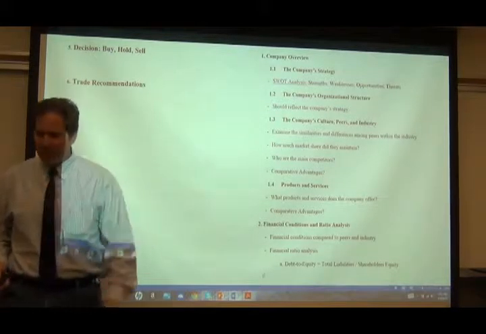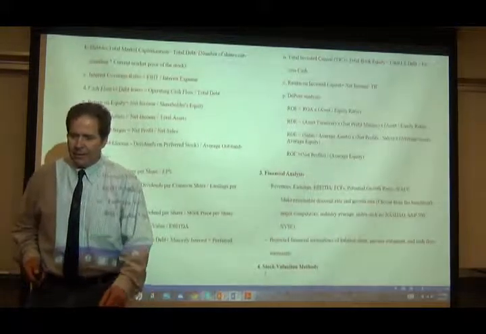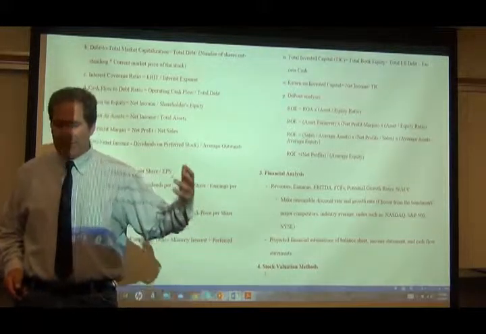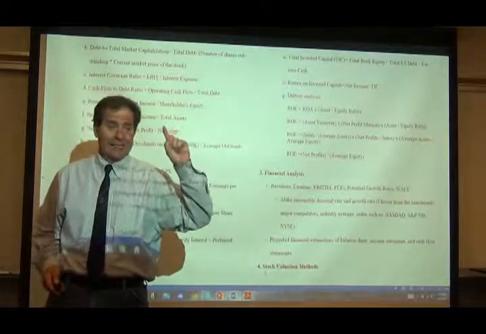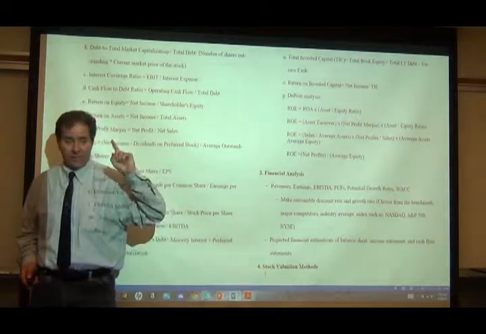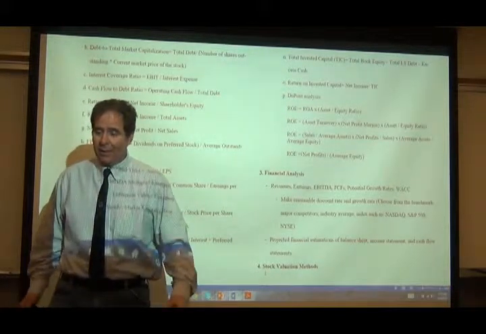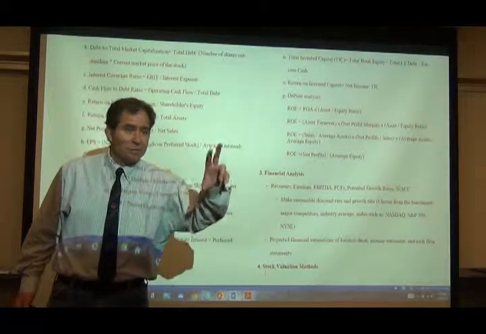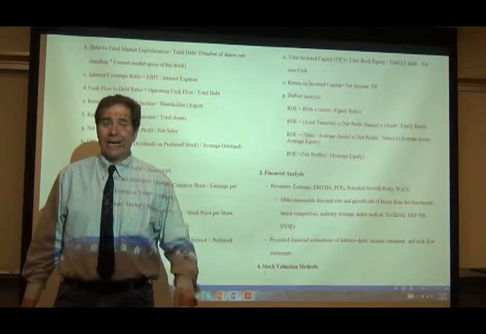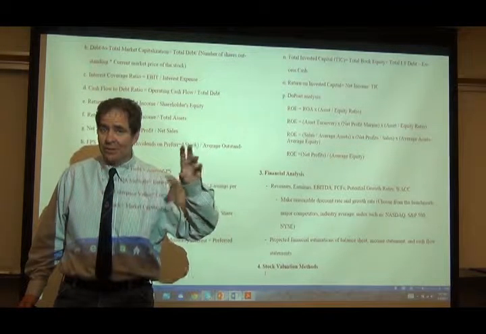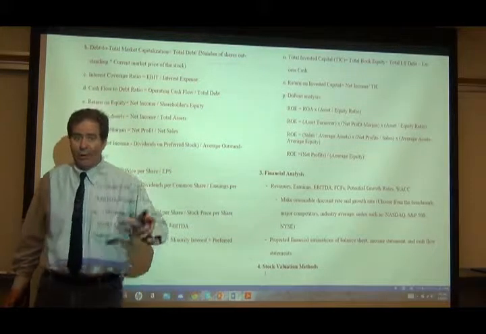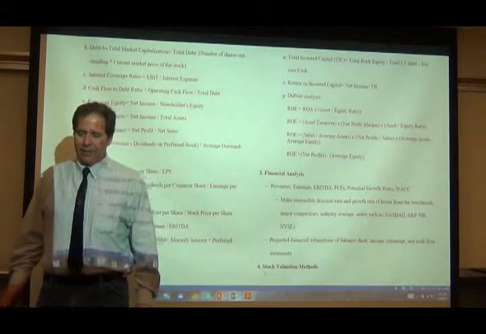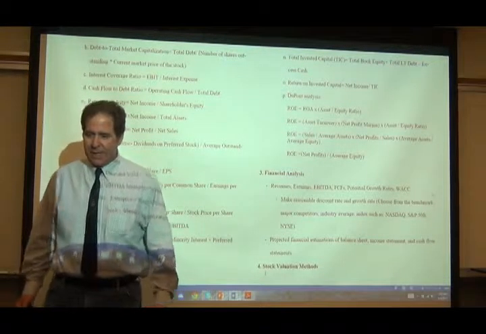So different types of ratios: debt to equity, debt to total market cap, interest coverage, cash flow to debt ratio, return on equity, return on assets is extremely important in banking. Net profit margin, interest margin, right? Economic value add is extremely important. Spread between your return on assets and your weighted average cost of capital.